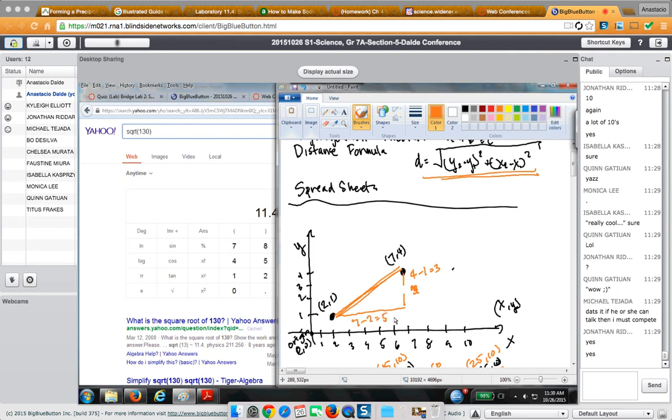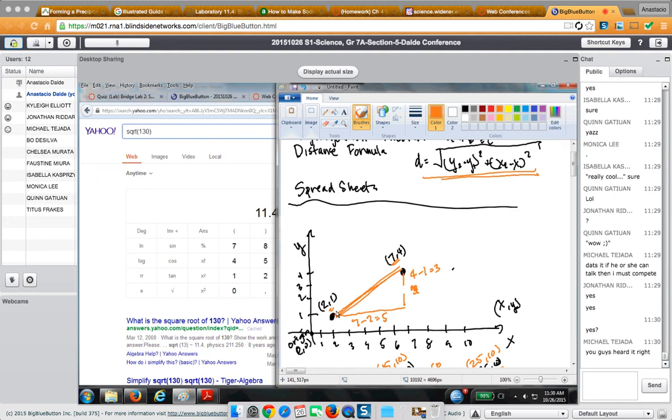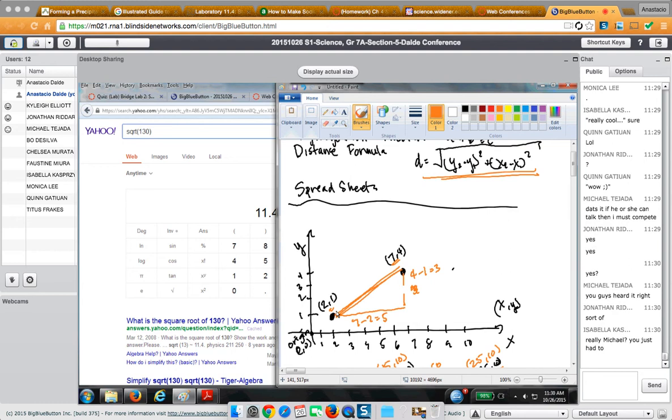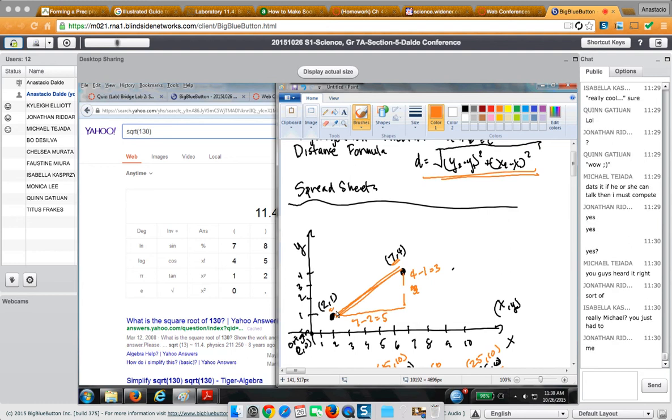Because I end here at 7, but I started at 2, so I would have had to press the right arrow 5 times to get there. Does that make sense to you? Is everyone cool with that? I'm just making sure that you all understand. Yes. Okay. Not really. Check this out. Wait, who's not really understanding?